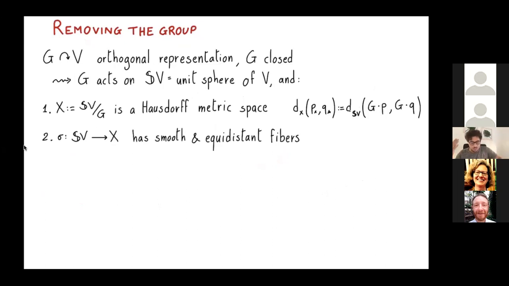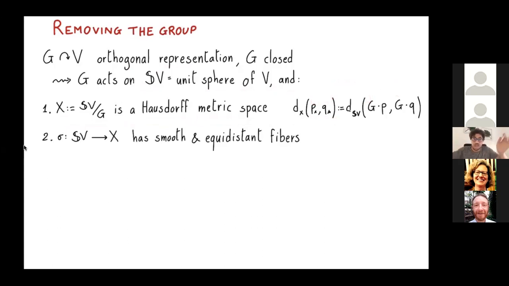We do it in the following way, by observing that if you have an orthogonal representation of a closed group, then the group acts on the unit sphere. And you have a few things. First of all, the quotient of the action, the orbit space, is a Hausdorff metric space where the distance between two points is simply the distance between the two corresponding orbits.